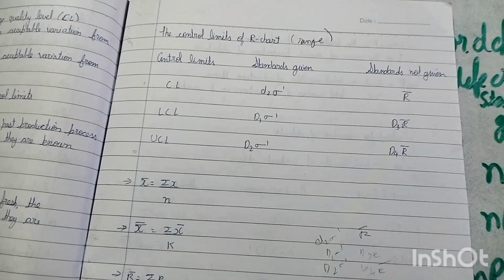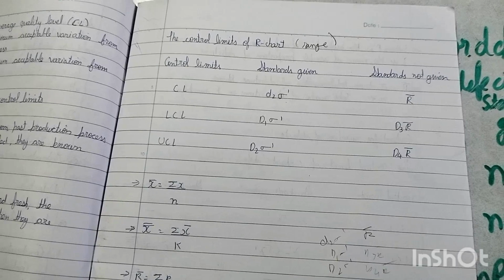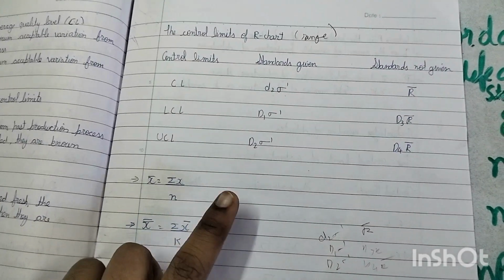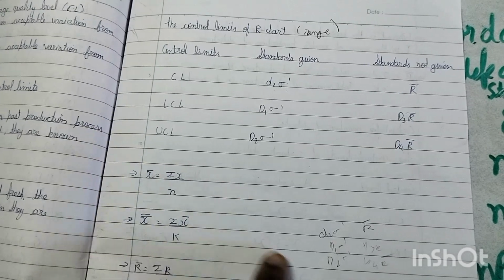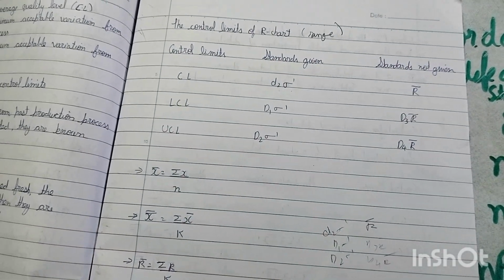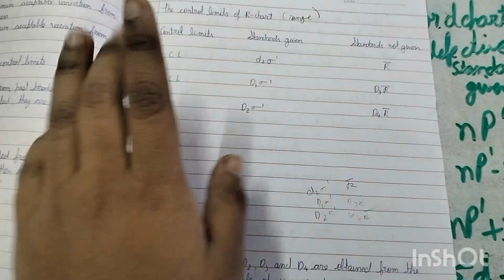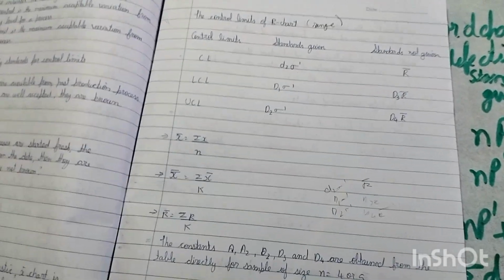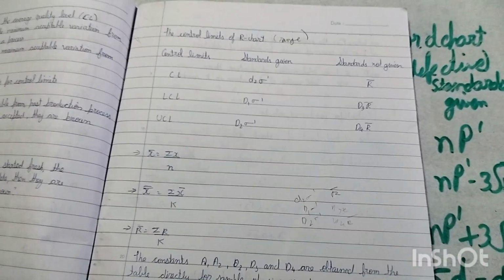For standards not given is R bar, and lower class limit is D3 R bar, and upper class limit is D4 R bar. So X bar is summation X by N, and X double bar is equal to summation X bar by N. Okay, this is for range because it's R chart. R is for range. Mean is always represented by X bar, so X bar is always for mean and averages.